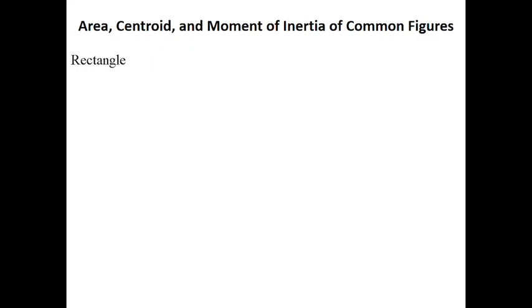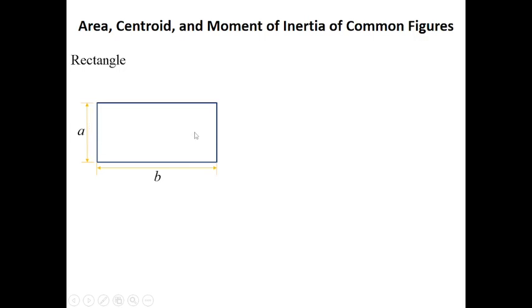So let's start with the rectangle. So we have a rectangle, okay? Now consider this rectangle having a base B, or should I say length B, and width A. Or should I say base B and height A, or altitude A. Now in this case, the area is known as the product of the length and the width, so base times the height, or base times the altitude.